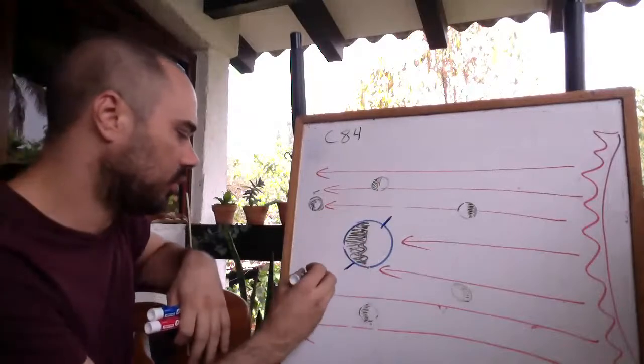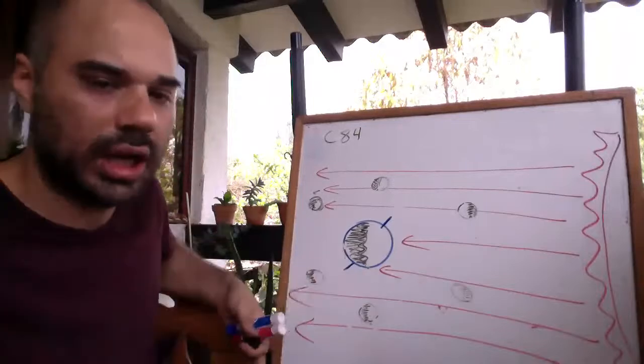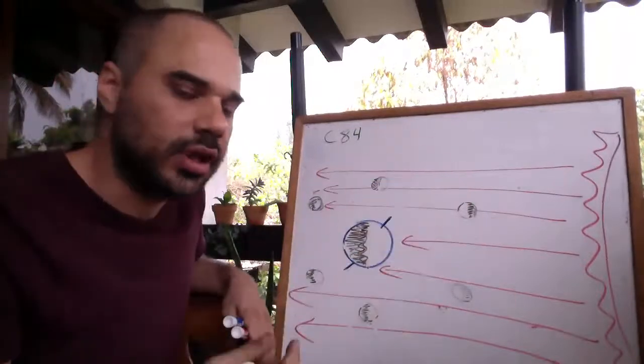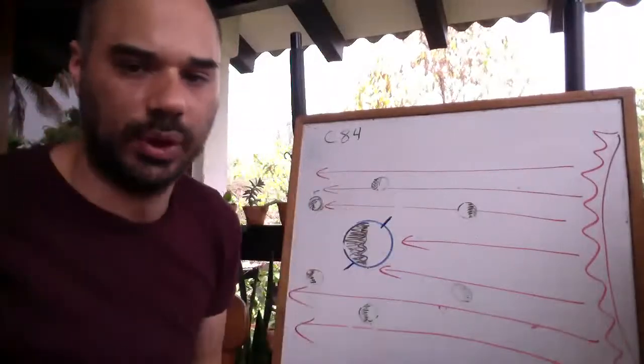And when the moon is over here, we can start looking at it again. So these are the cycles of the moon. It's not that the moon is changing, it's just what we can see from the moon.